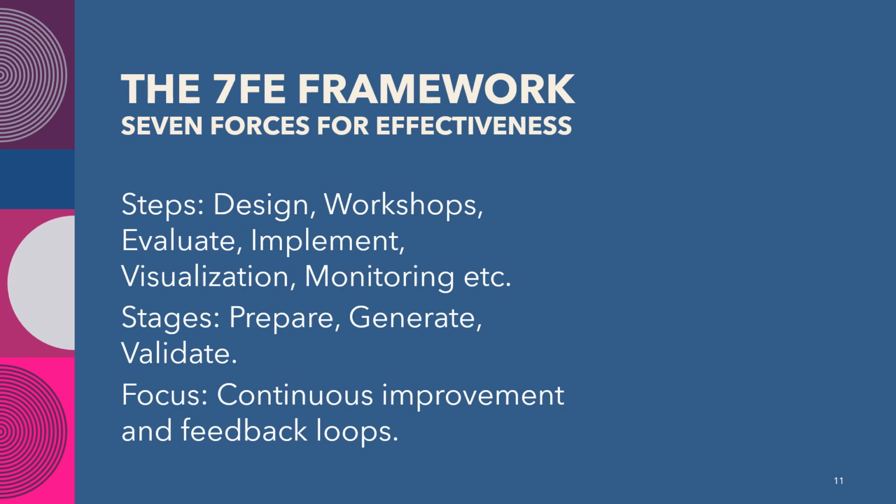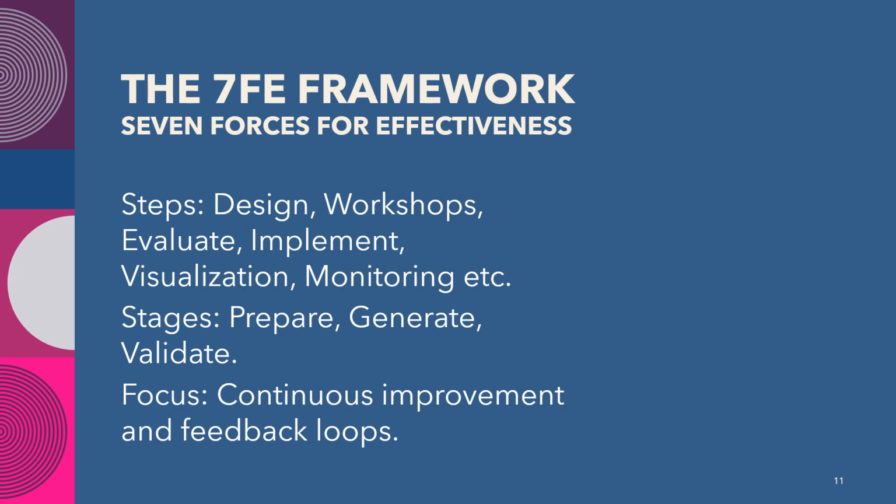The 7FE framework, which is the seven forces for effectiveness. The 7FE framework consists of seven forces for effectiveness. It involves design workshops, evaluation, implementation, visualization, monitoring, and more. Steps in the 7FE framework include preparing for redesign, generating new ideas, validating these ideas, implementing changes, and continuously monitoring and visualizing the outcomes.